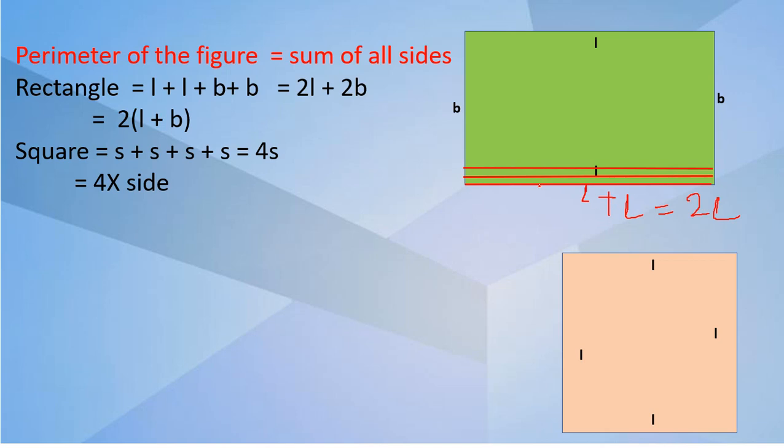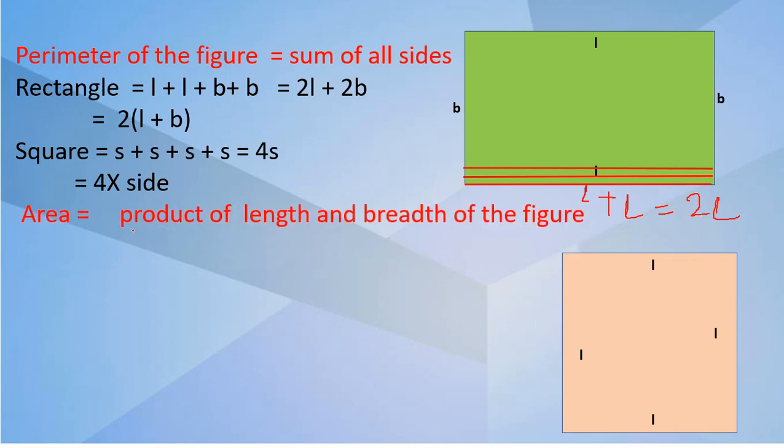Okay. One more line segment when we keep one over another. So here we get how many times we are taking this L up to the breadth. As we are writing 2L, in place of 2, that is the B. So the area is the product of length and breadth of the figure, as we observed by putting the line segments one over another.